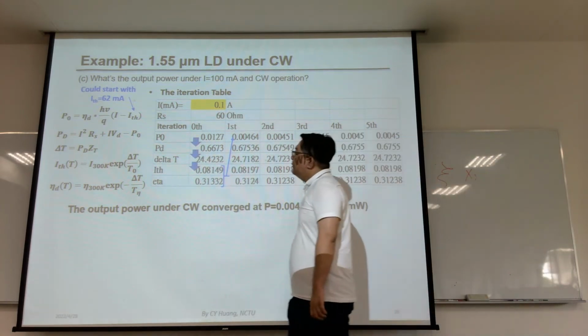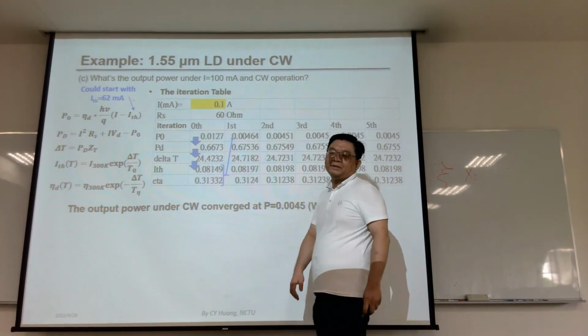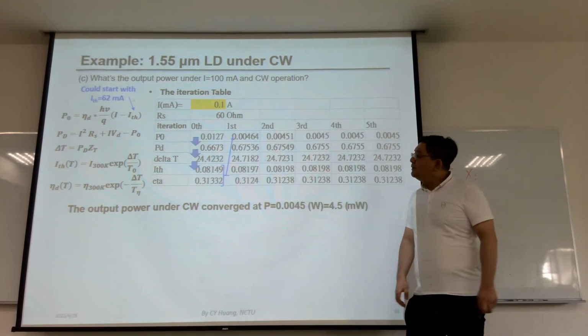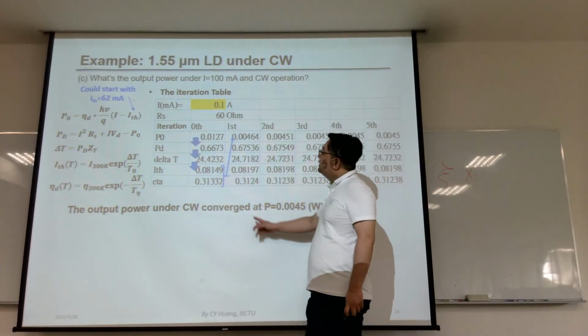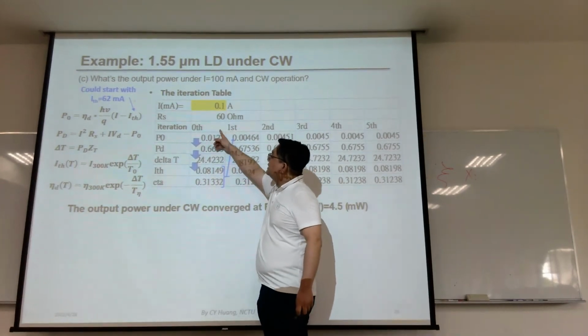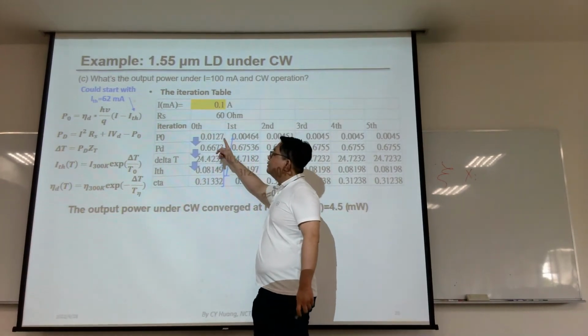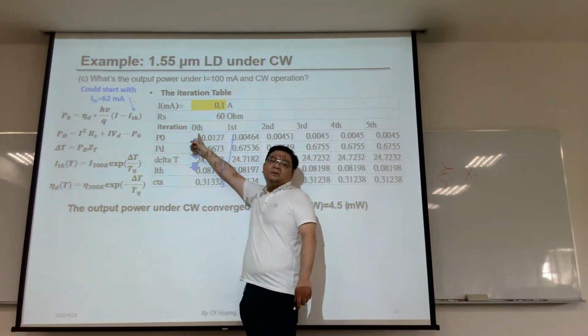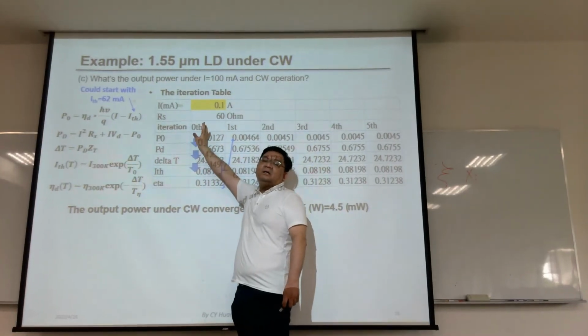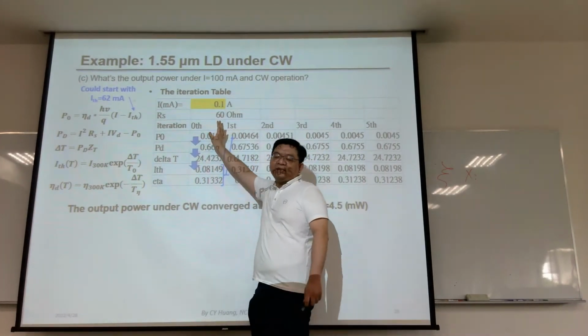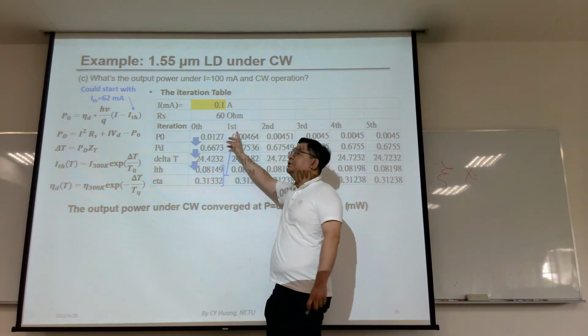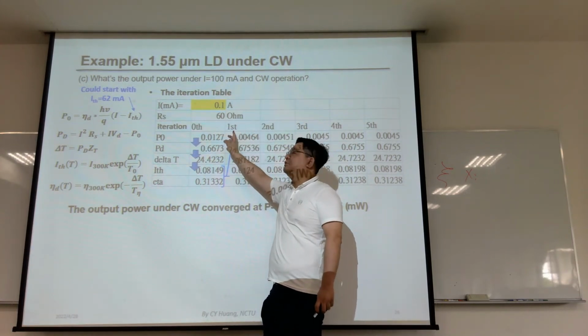Okay, so now here we do the same thing, but we build an Excel table. First, the iteration 0th, that means we need to do a first guess. If you make a guess closer to the real value, you will need fewer iterations.